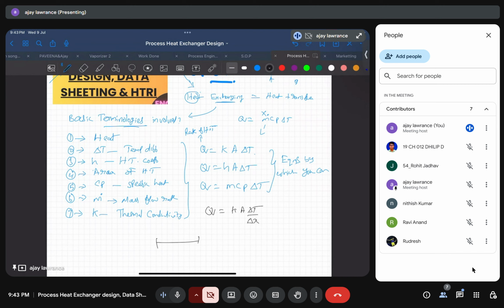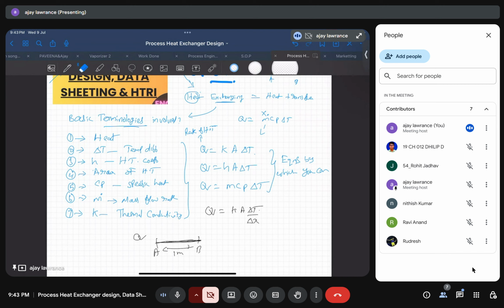This is temperature difference, this is distance difference. You can write it as gradient. From point A to point B, if it is 1 meter of distance, then for that distance, what is the rate of heat transfer, like that.